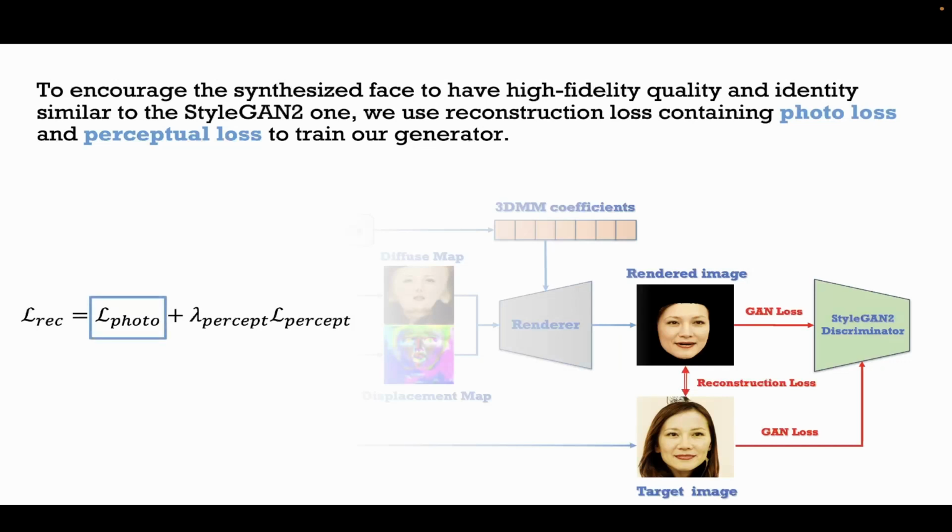The photo loss simply uses the L2 norm to measure the distance between images, while the perceptual loss further extracts the feature maps of both images, and then measures the L2 distance between the feature maps of both images.